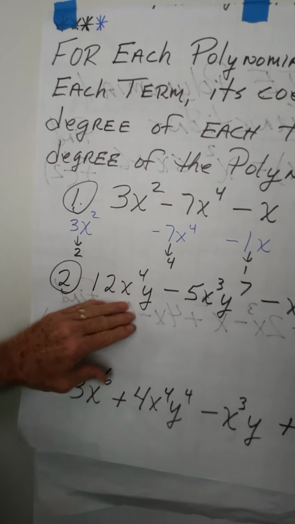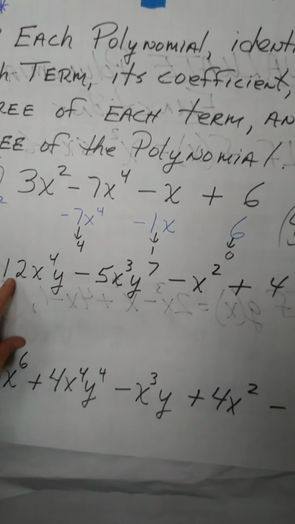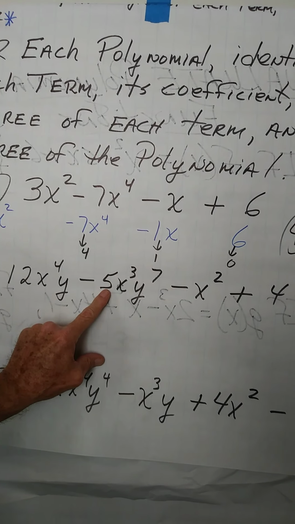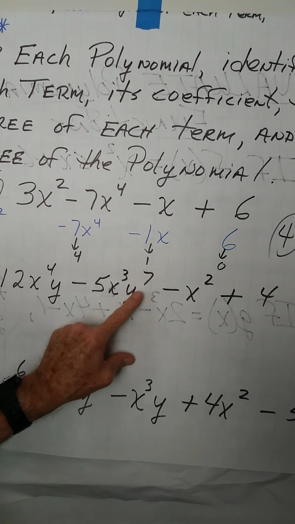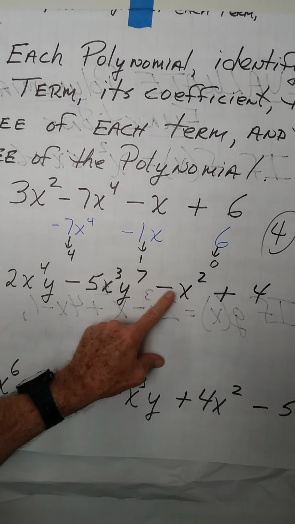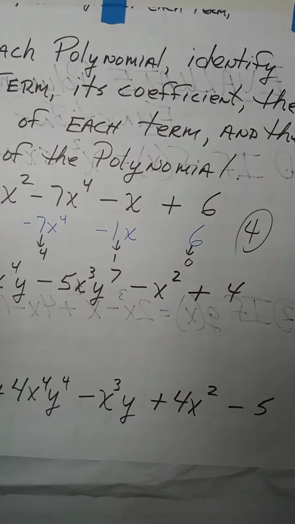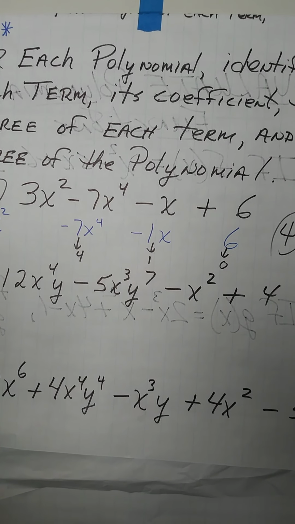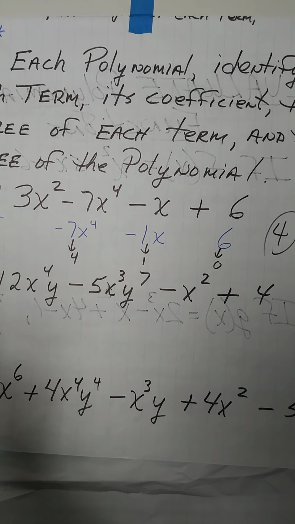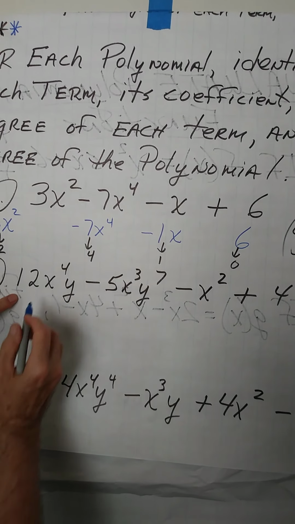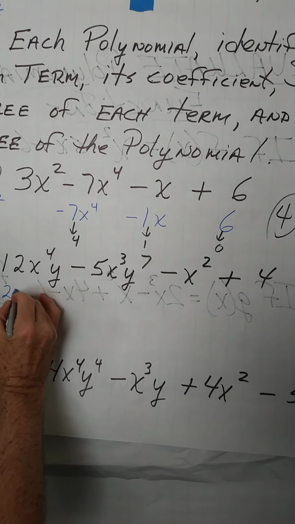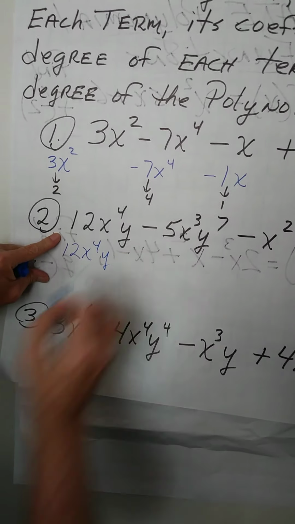Number 2, polynomial. 12x to the fourth y minus 5x to the third y to the seventh minus x to the second plus 4. Polynomial. Question number 1. They want us to identify each term. Term number 1, 12, x to the 4th y.